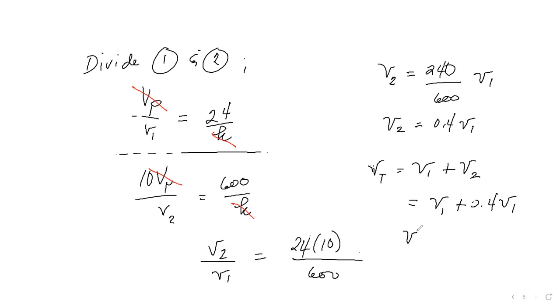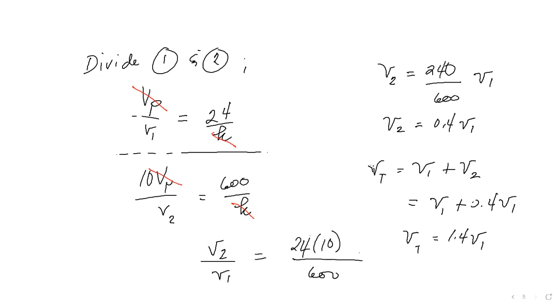So the total volume in the new scenario in which you have an MFR attached in parallel to your PFR would be 1.4 V1. The original, it's just V1. So how will you state the question of what's the fractional increase in production?